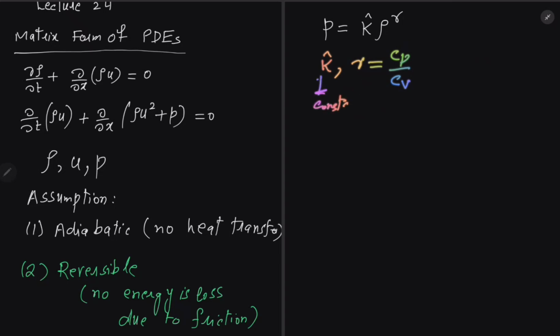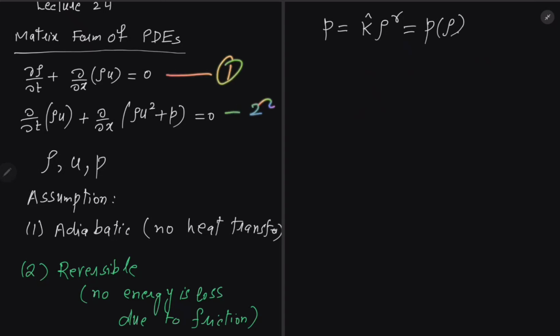We will not talk about these since this is not a thermodynamics course. So we found an equation, and this equation depends on density. So we have three equations: one, two, and the third equation is here. So now we can solve this problem.